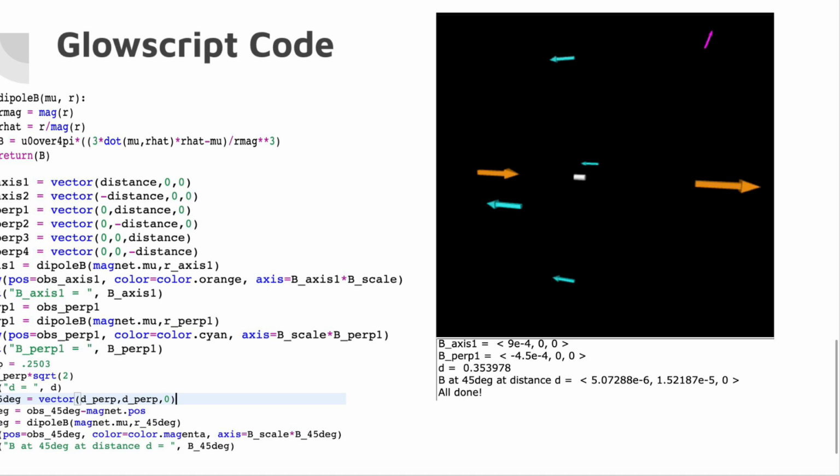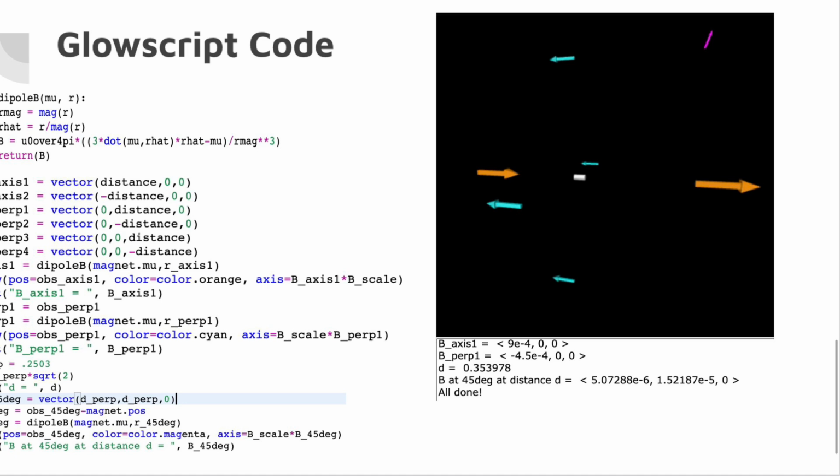For the GlowScript code here, we had to define the dipole moment of B, and then had to determine the vectors of the observation axis of each observation.